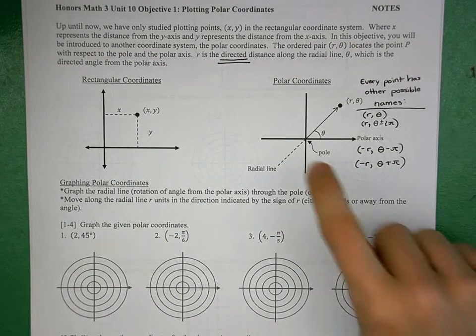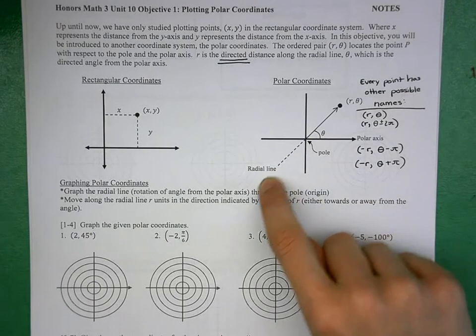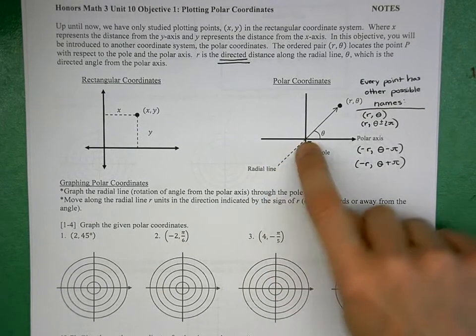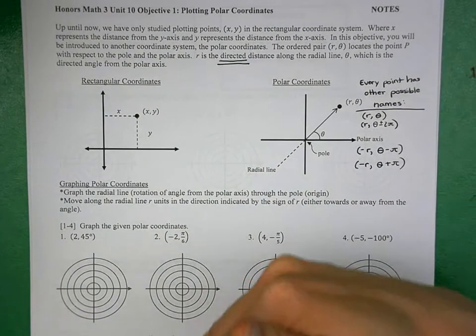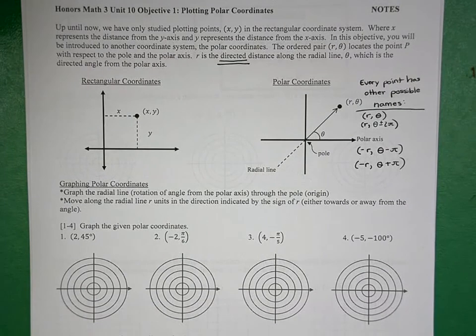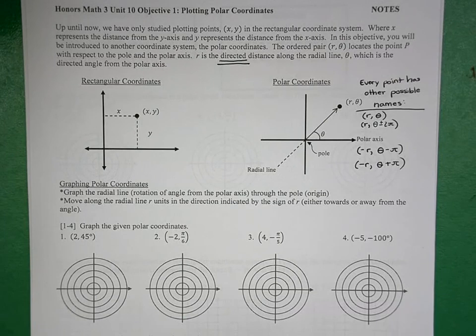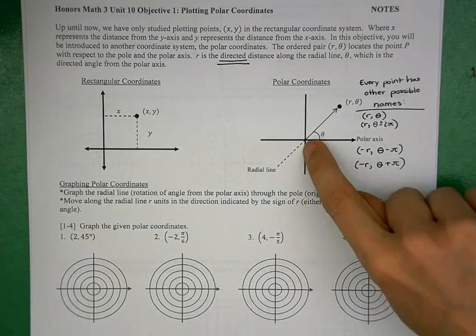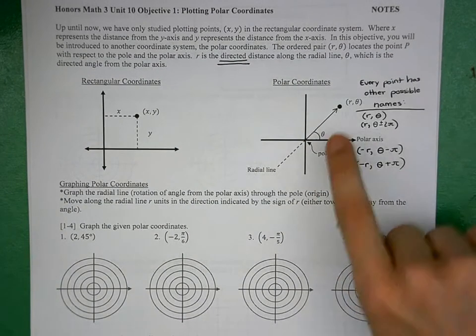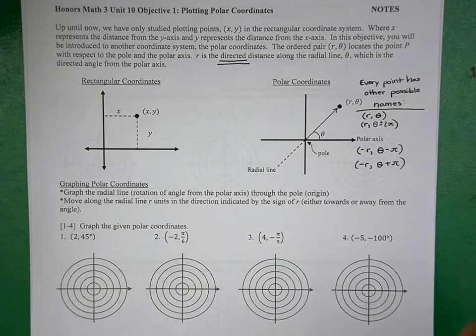But notice there's always this other direction to your radial line. This is not pi over 4, but it's the extension of my radial line in the other direction. Because if my r was negative 4 instead of 4, 4 tells me to move along my pi over 4 line, negative 4 would tell me to move away from that angle, in the opposite direction.